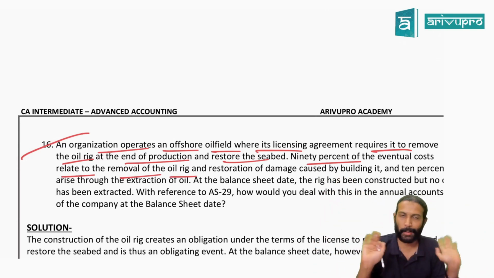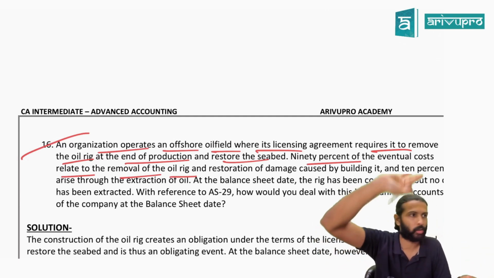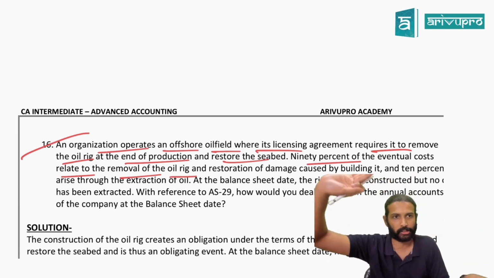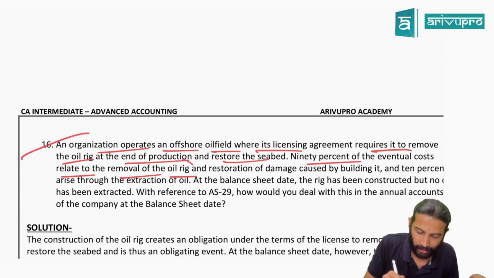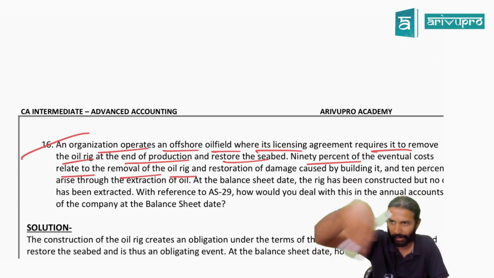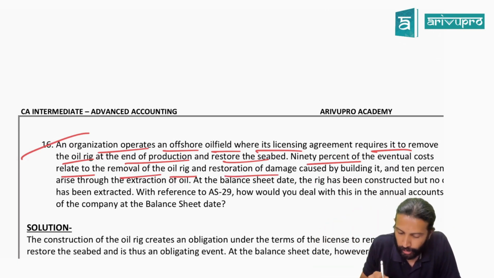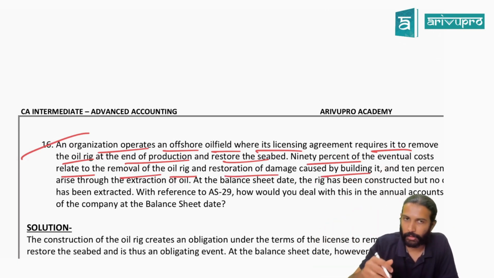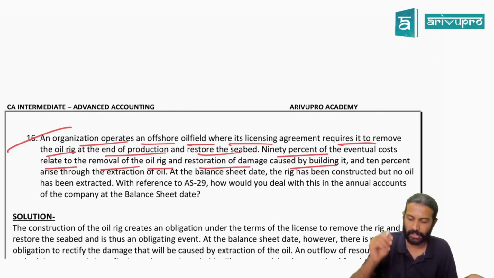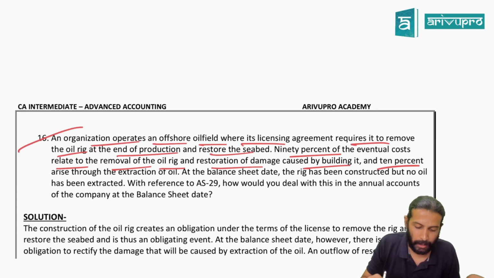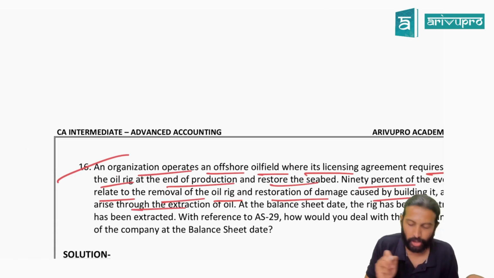Remove or dismantle that oil well and restore the seabed to its original condition. Yes or no? That is what they're saying. 90% of the cost will be related to removal of that oil rig and restoration of damage caused by building it. First, because they're building it, now they'll destroy, so there'll be some cost. Right? 90% of the cost relates to that, and 10% arises through the extraction of oil.